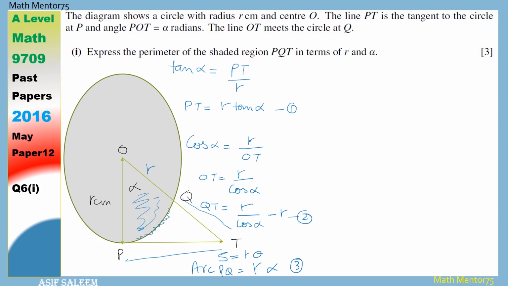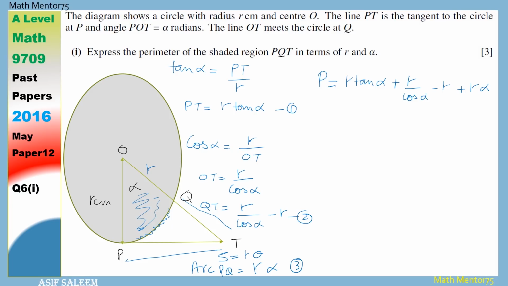perimeter. So therefore, our perimeter is PT, which is R tan alpha, plus QT, which is R over cos alpha, minus R, plus PQ, which is R alpha. So this is our required perimeter.